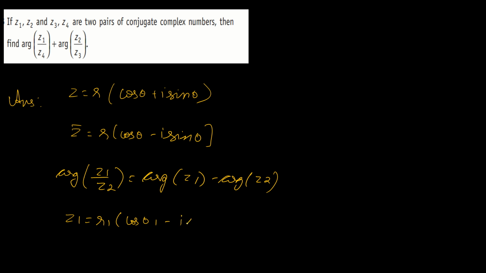Okay, it is mentioned in the question that Z1 and Z2 are two pairs of conjugate complex numbers. So if Z1 is equal to like this, eventually Z2 will be the conjugate of Z1. That is what is mentioned in the question. It will be like this, R1 of cos theta 1 plus I sin theta 1.